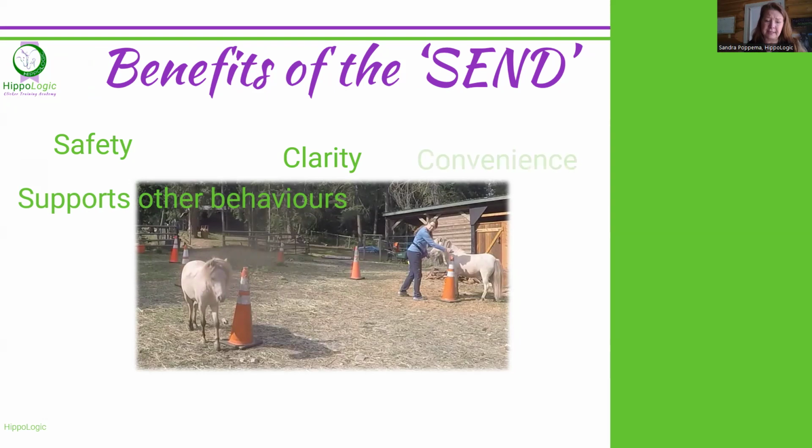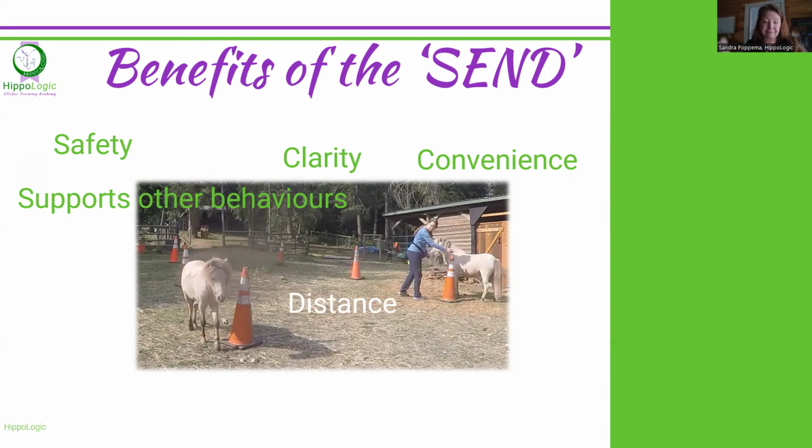It's very convenient to be able to send your horse into a trailer without you, or into a stall, because maybe you are handling multiple horses at the same time, or just through a gate on his own when it's super muddy. With a send, you can direct him from a distance.